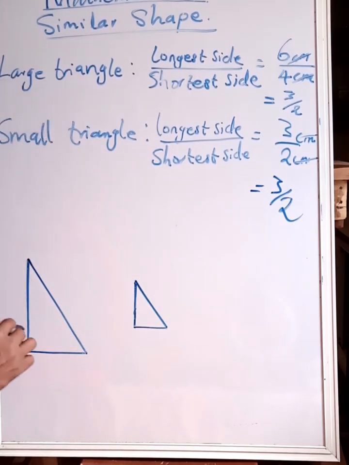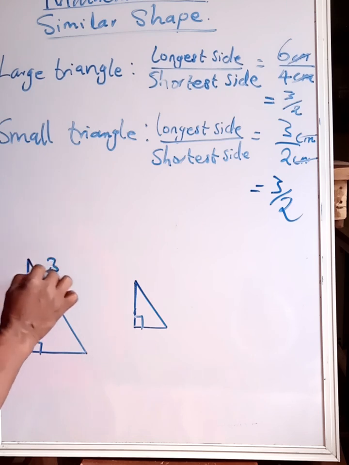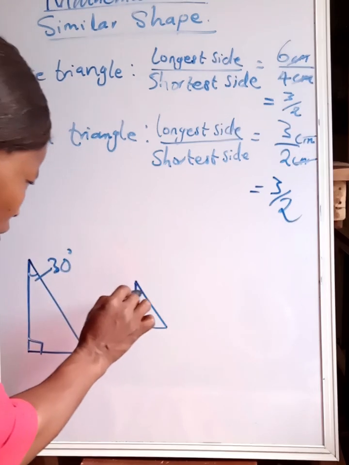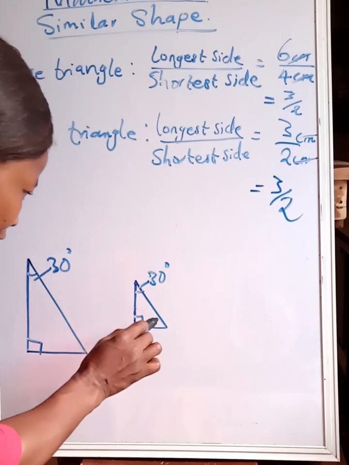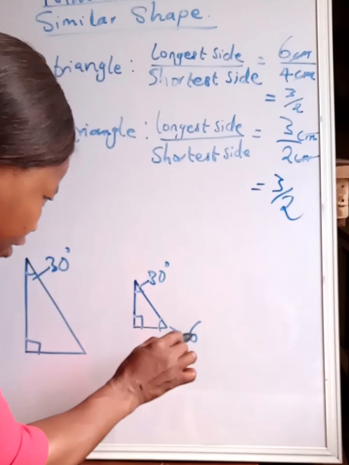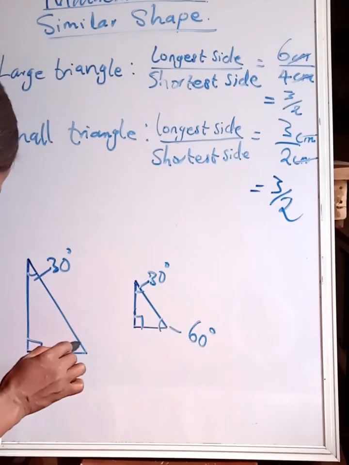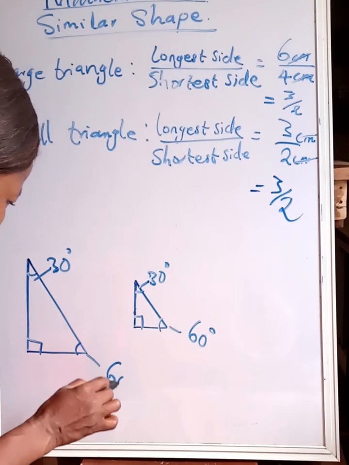Another thing is that by measurement, this angle here is 90 degrees. Here is 90 degrees. Here is 30 degrees. And here is 30 degrees. Here is 60 degrees. And here is 60 degrees.